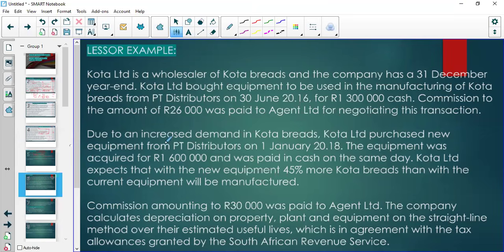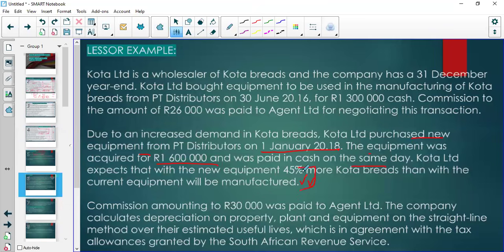Now, due to an increased demand, they purchased new equipment right at the beginning of 2018. This equipment was acquired for 1.6 on the same day. They expect this will help them to make more bread.